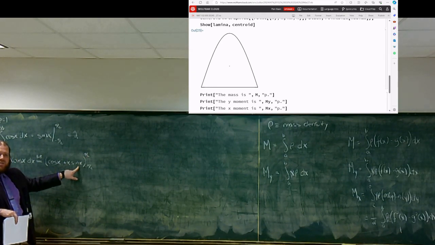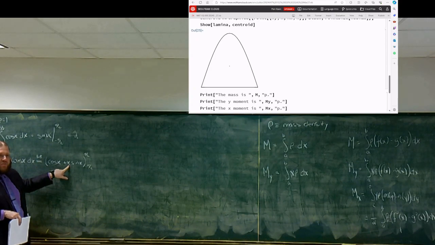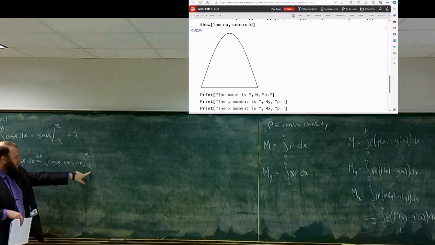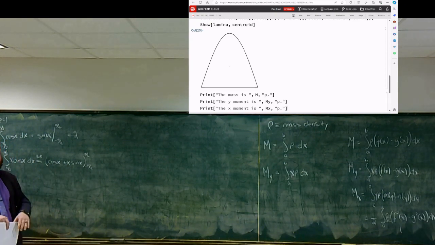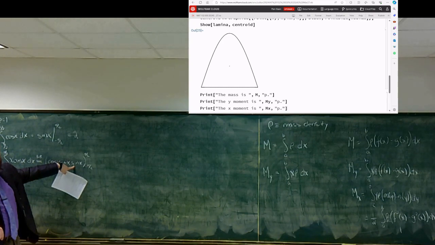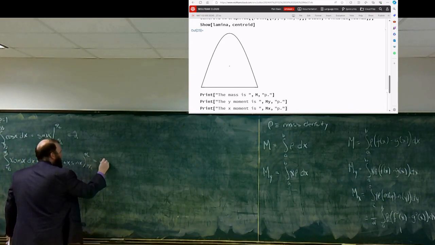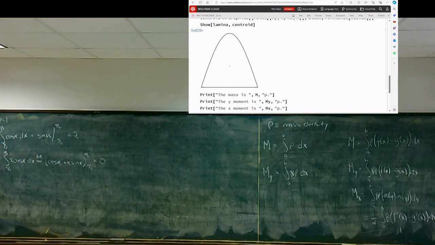Sine of pi over 2 is 1 times pi over 2. Sine of negative pi over 2 is negative 1 times negative pi over 2 is positive pi over 2. This is pi over 2 minus pi over 2. The y moment is 0.